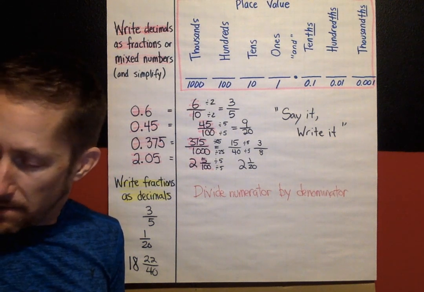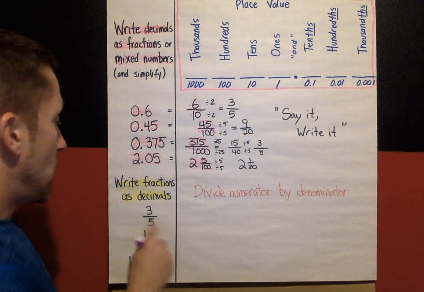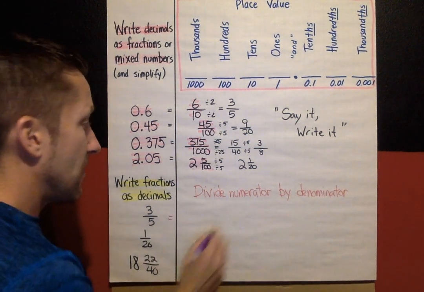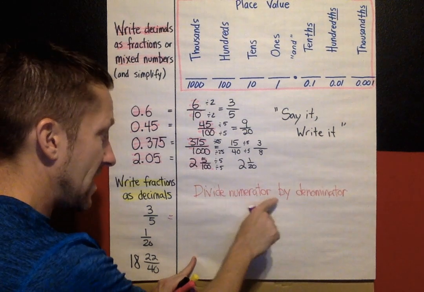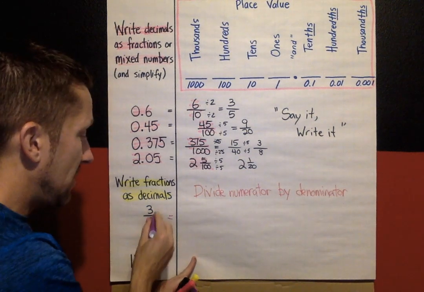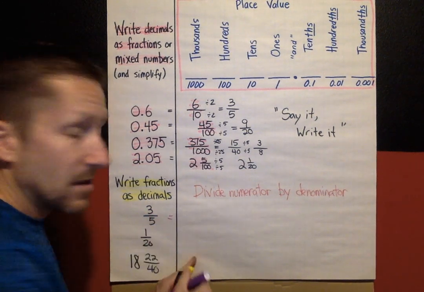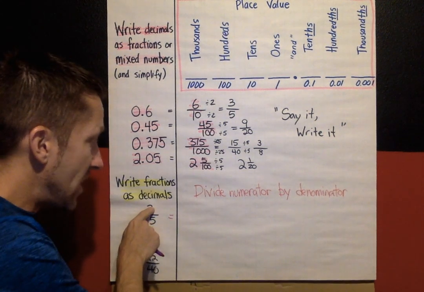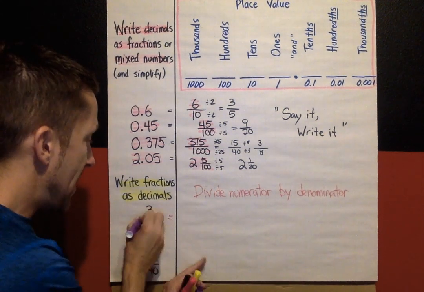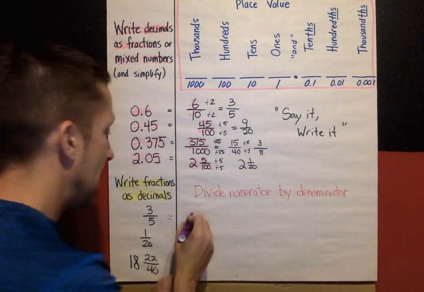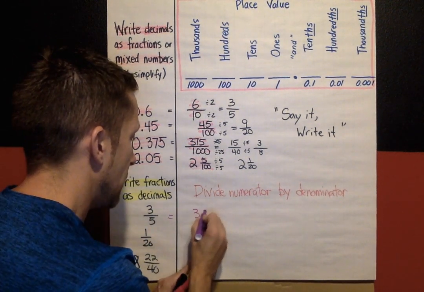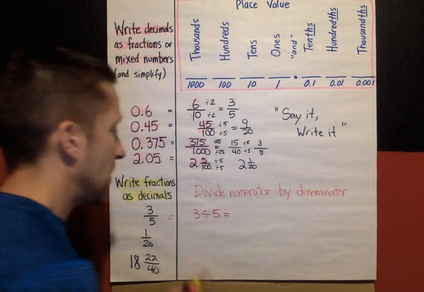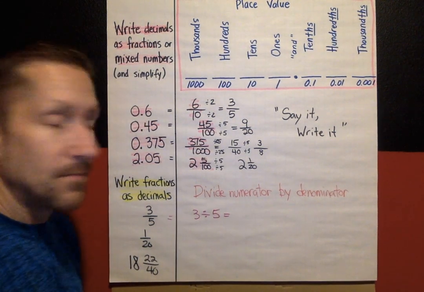So 3/5. If I'm following my strategy, it's numerator divided by denominator. That means the top number divided by the bottom number. Doesn't matter which one's bigger, it's always numerator divided by denominator. In fact, that line means divide. So type in your calculator 3 divided by 5. That is going to change it into a decimal.